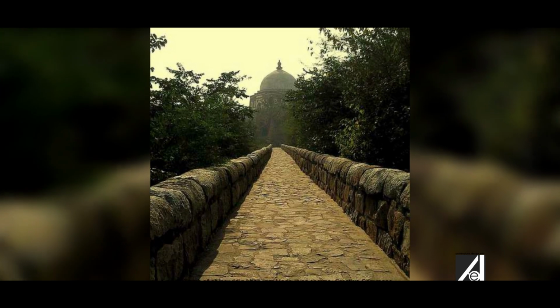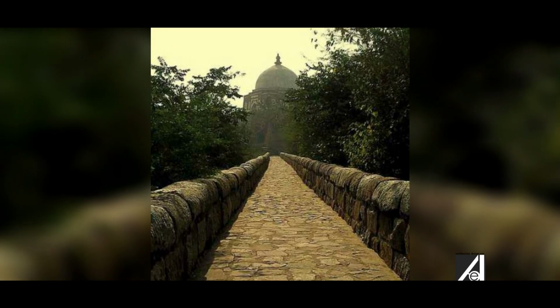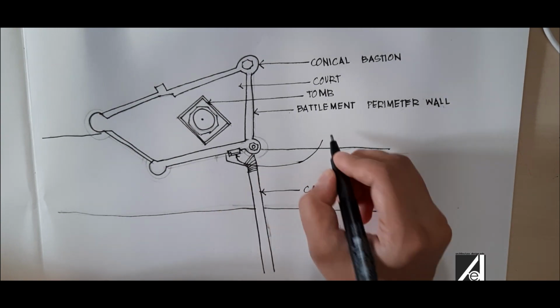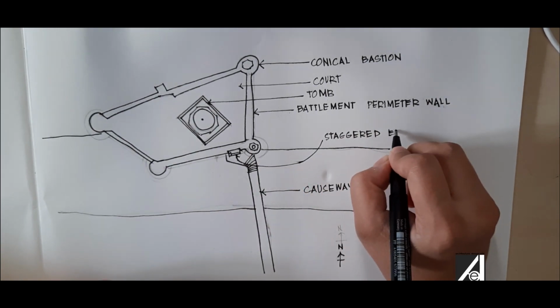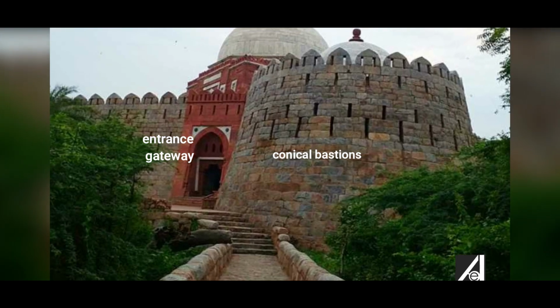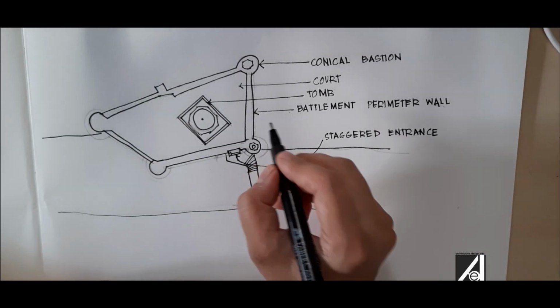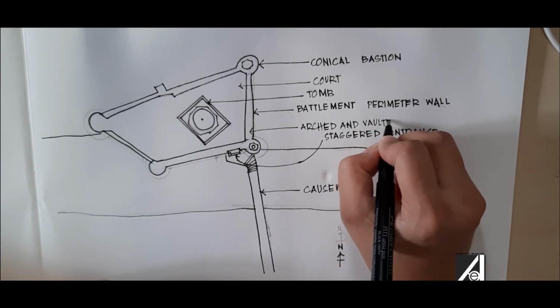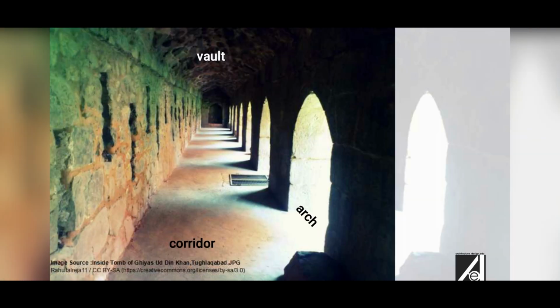This is the view of the causeway which connects the fort and the Ghiyasuddin Tughlaq tomb's enclosure. The artificial lake nowadays is dried up. The entrance gateway is placed strategically in a staggered manner with high flights of steps, which allows one to enter the court inside. The arched and vaulted corridor can be seen around this pentagonal enclosure.